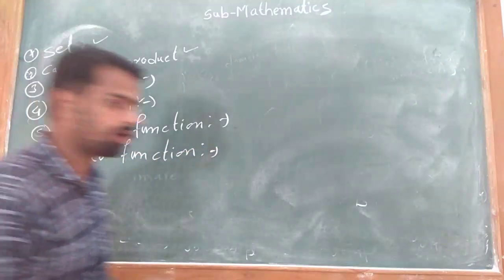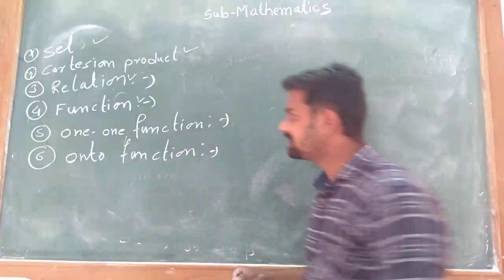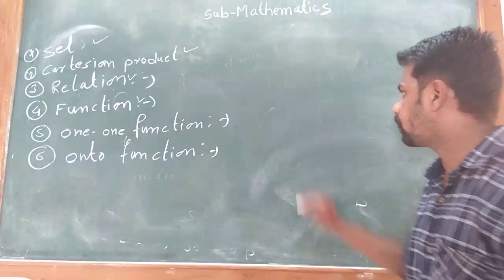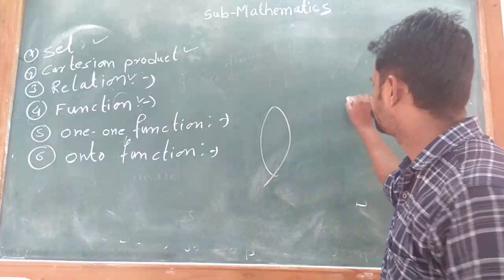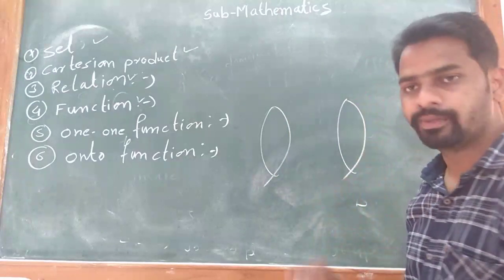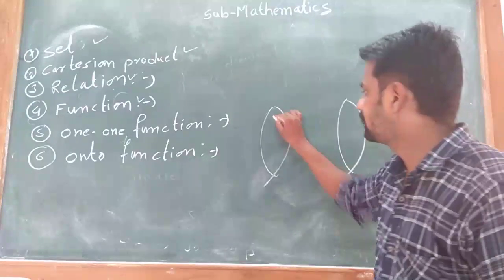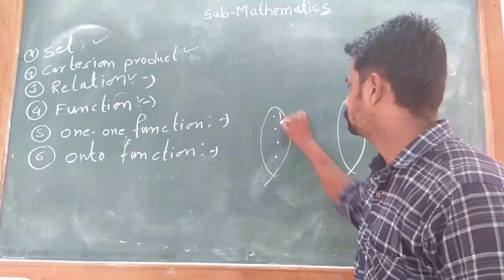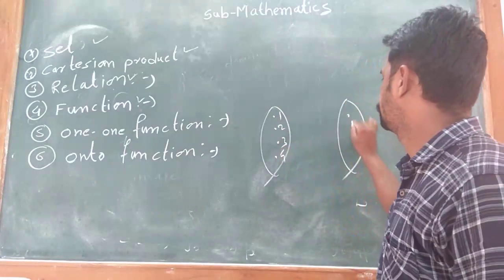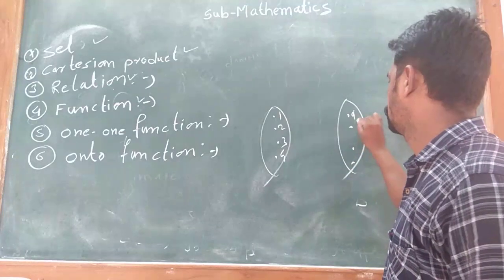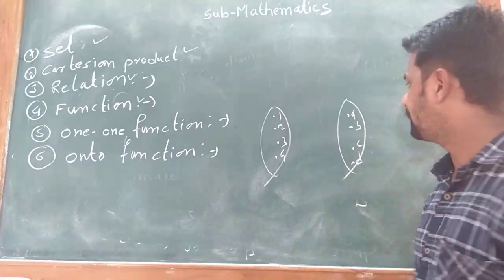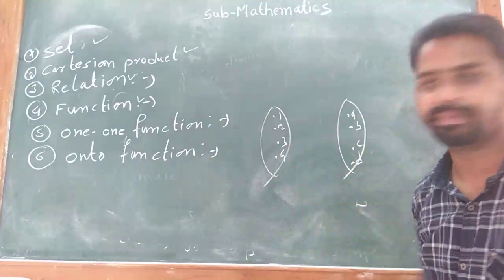What is the definition of onto function? Onto function means that every element in a codomain has a pre-image in a domain.